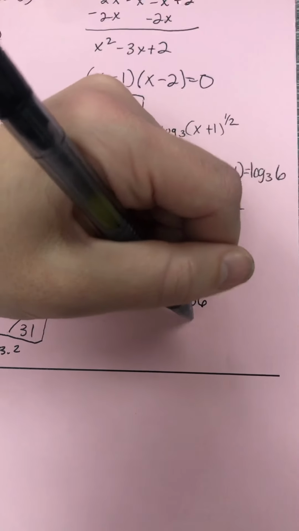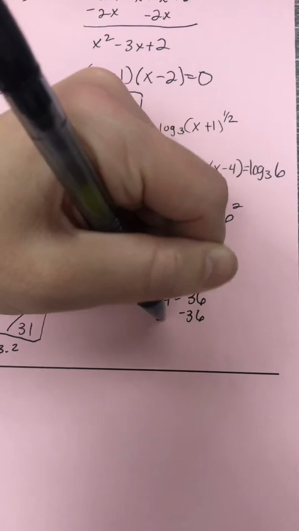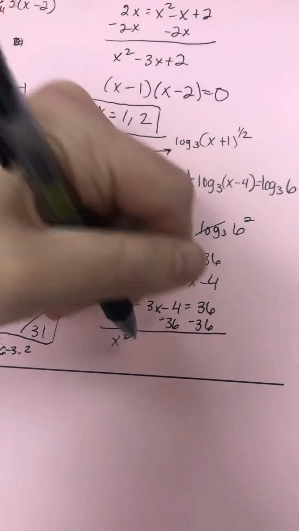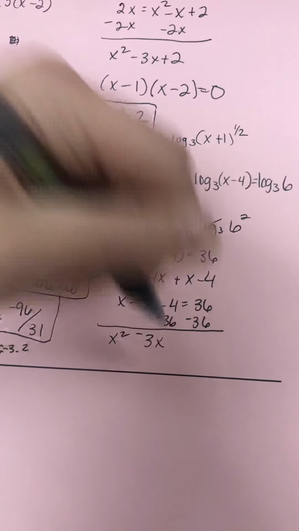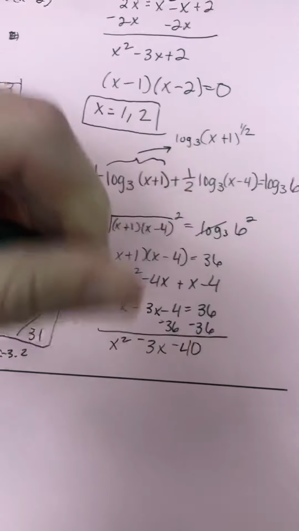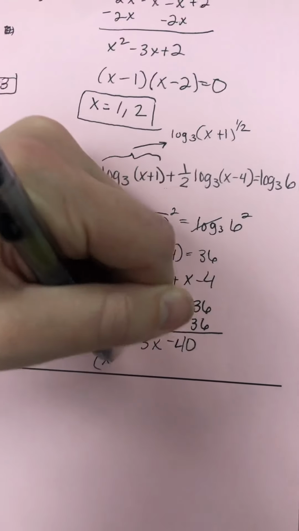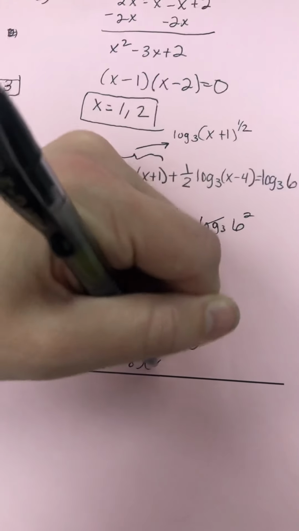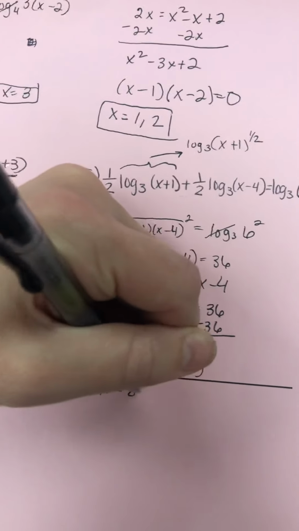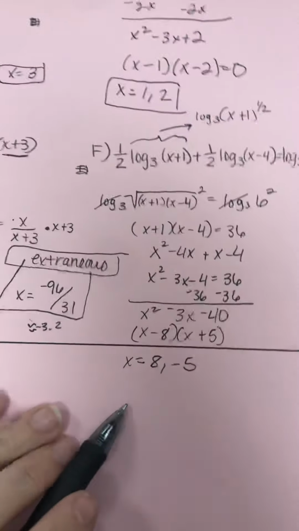So I'm going to move that 36 over to this side. And that gives me x squared minus 3x minus 40. And we can use 8 and 5. Looks like it'd be x minus 8, x plus 5. So our x values are equal to 8 and negative 5.